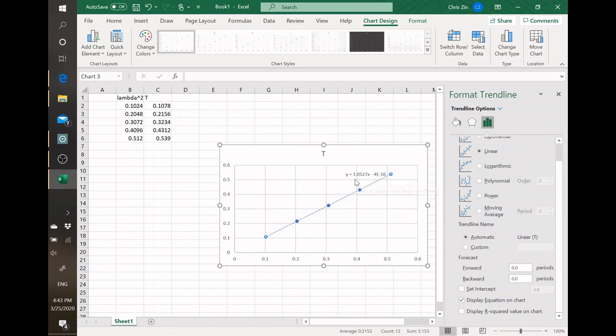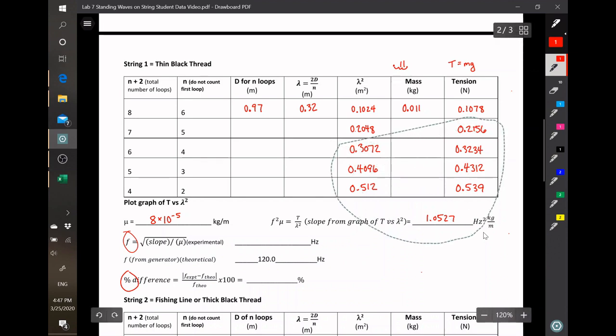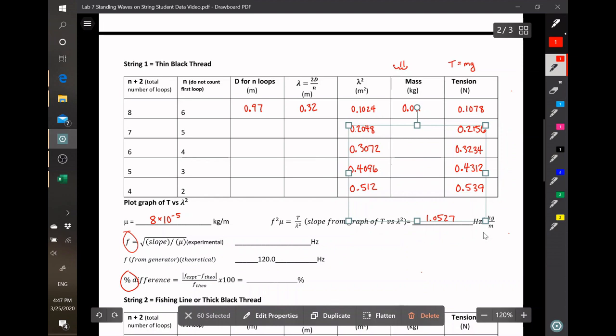The m is the slope of the line, so our slope is 1.0527. So then I'm going to go back to my data table and write 1.0527 for the slope, and then I'm going to continue by calculating the frequency and after that the percent difference. Note once again that these are not the values you are going to find for this experiment. These were just some made up numbers.